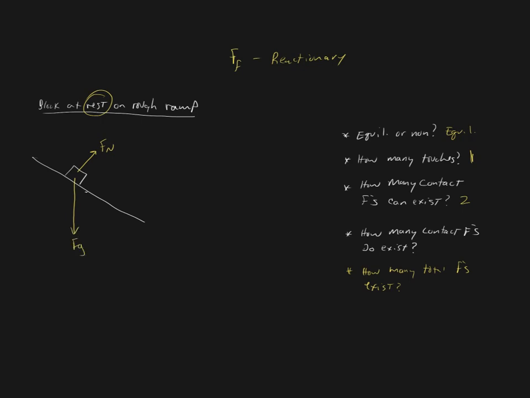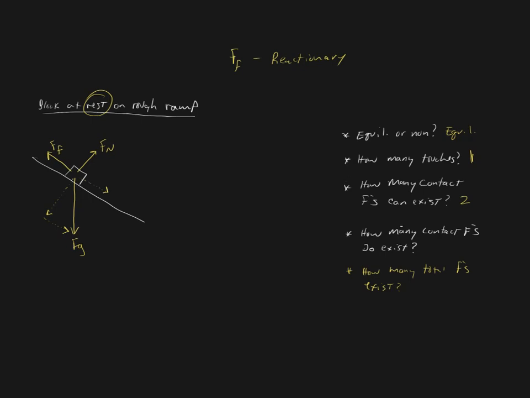But gravity has 2 components, one which is perpendicular to the ramp, and the other which is parallel to the ramp. And so the friction force is opposing. Now this is not a real force, that's why I'm not putting it on my FBD, that's why I'm using a dotted line here. But the gravitational force is attempting to pull the box down the ramp, so friction is going to point up the ramp.